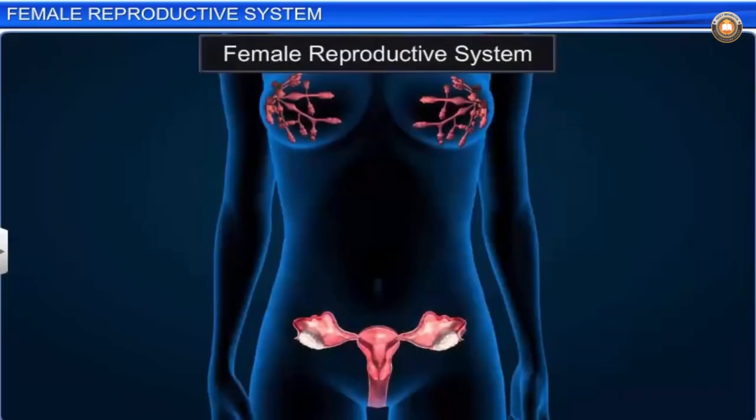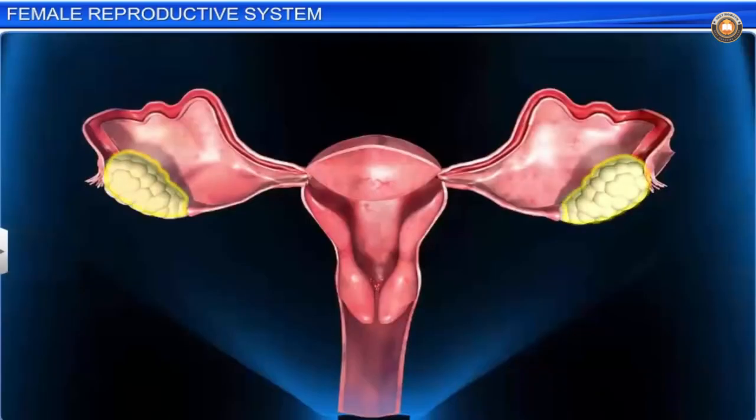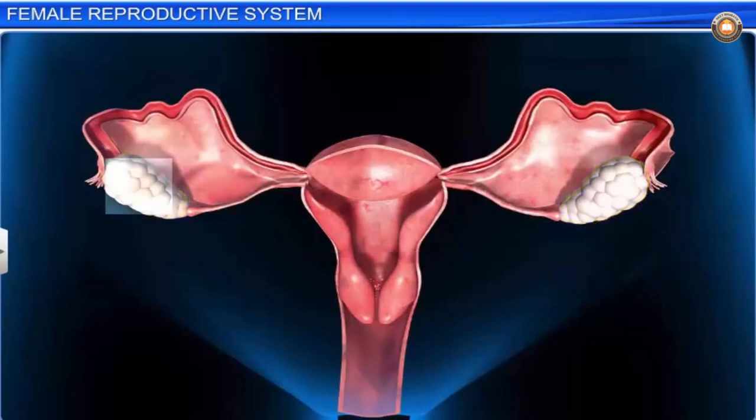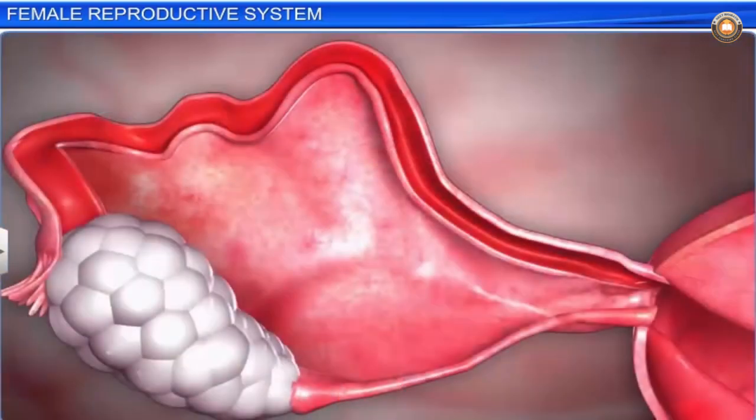Let us study each organ in detail. The female reproductive system includes a pair of ovaries, located one on each side of the lower abdomen. They are the primary sex organs as they produce the ovum or the female gamete.